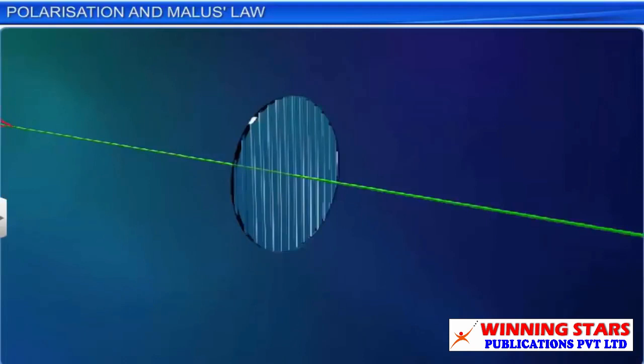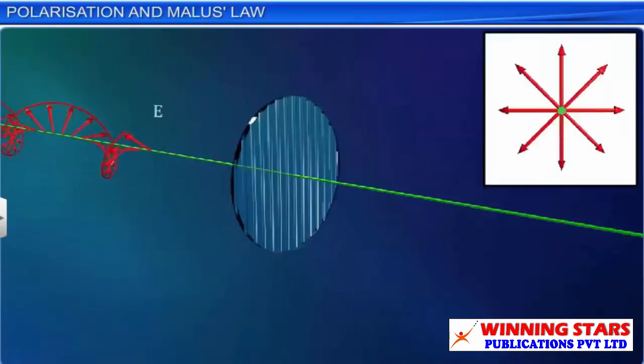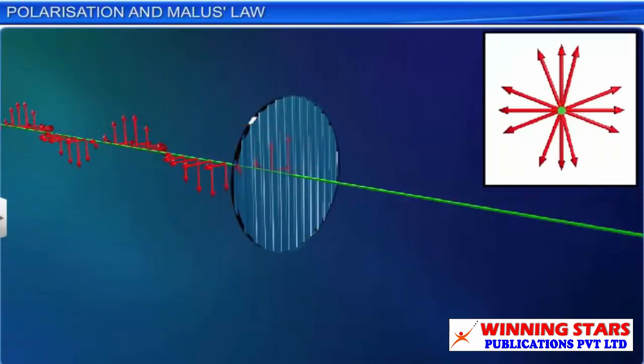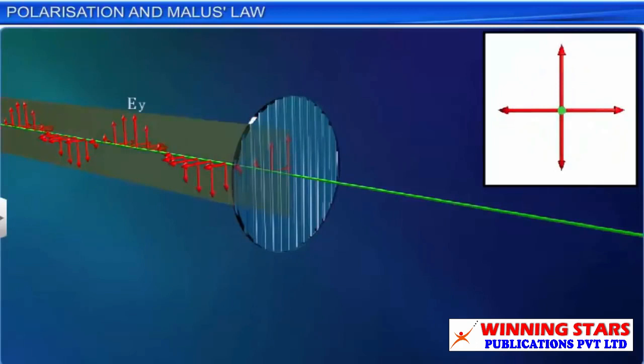In an unpolarized light, the direction of the E vector is randomly distributed around the propagation of light. We can resolve these different vectors into components EY along the polarizing axis and EZ perpendicular to the polarizing axis.